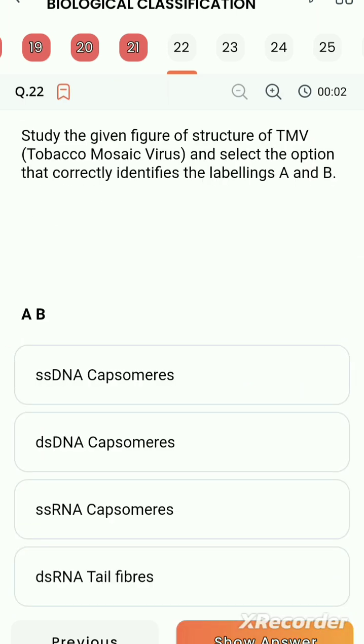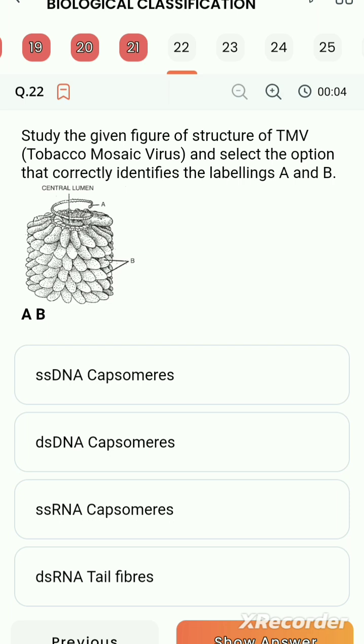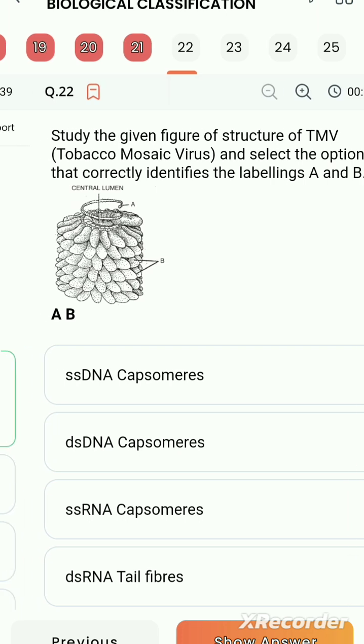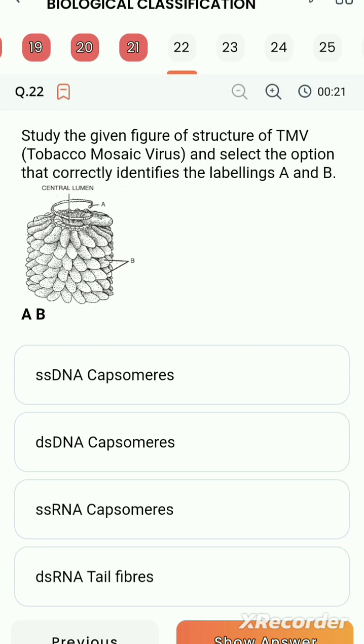Next one, study the given figure of the structure of TMV, tobacco mosaic virus. A picture has been given here, and select the option that correctly identifies the labeling A and B. So what is labeled here? First you have to see here. The labeled one, A is here and B is here. So what is this? What is that?